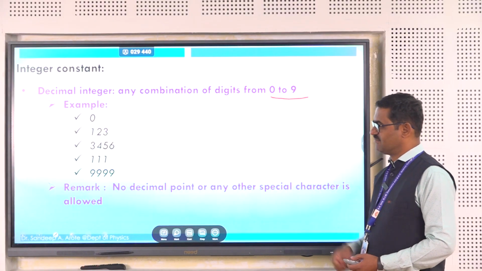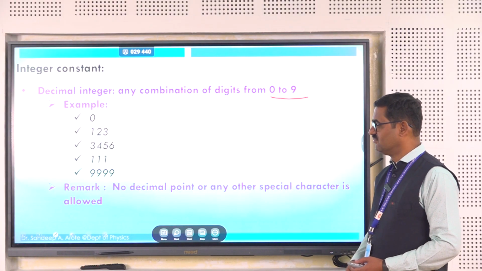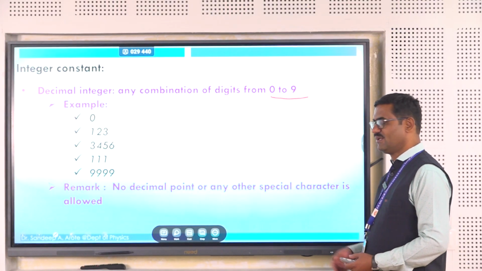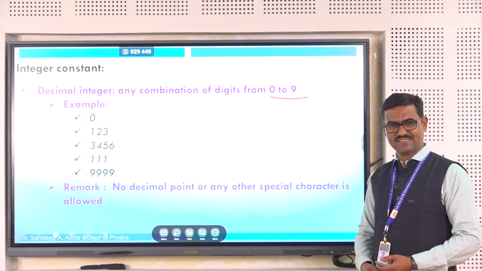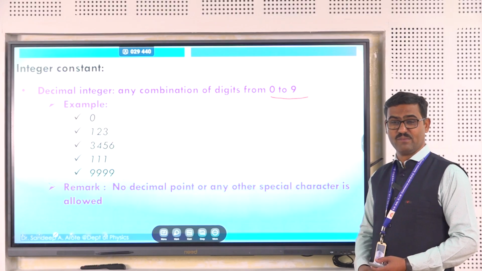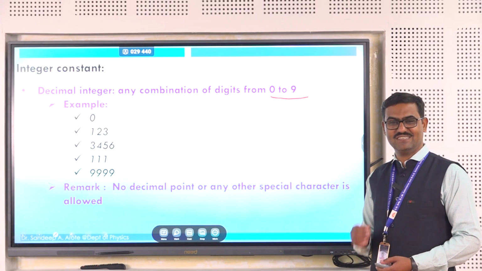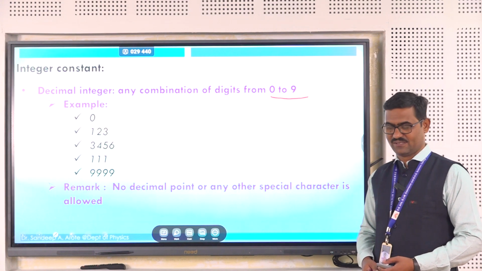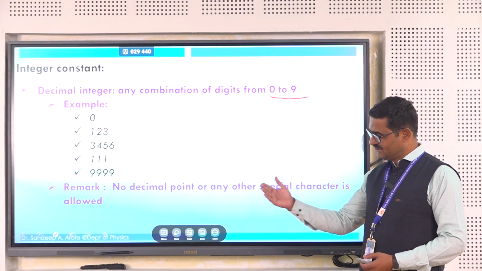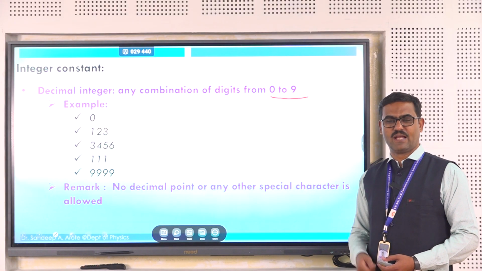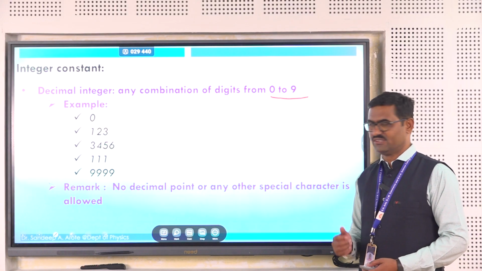These are some valid examples: 0, 123, 3456, 111, and 9999 are all valid. Remember, only a sequence of digits is allowed in a decimal integer constant. How many digits you can have in a number depends upon the capacity of your computer processor.